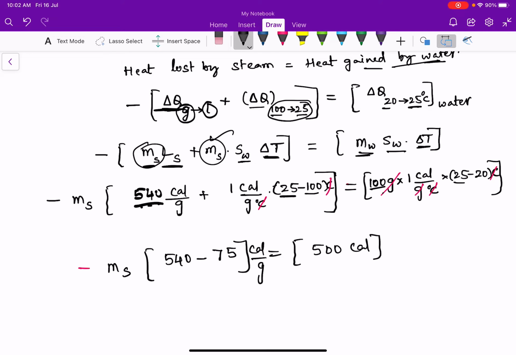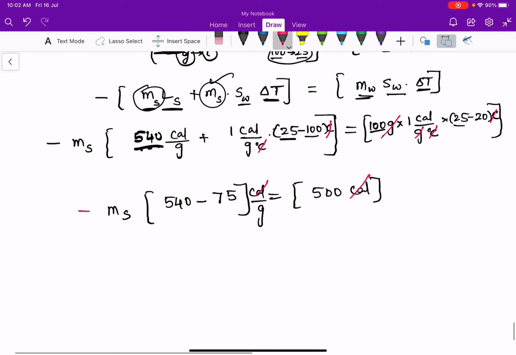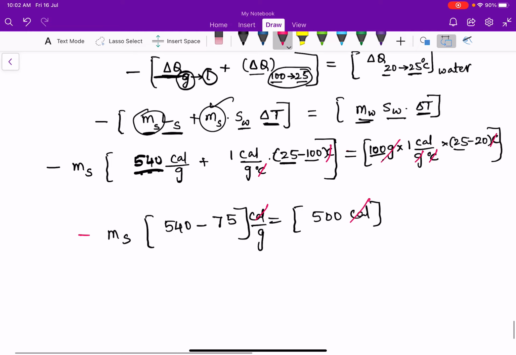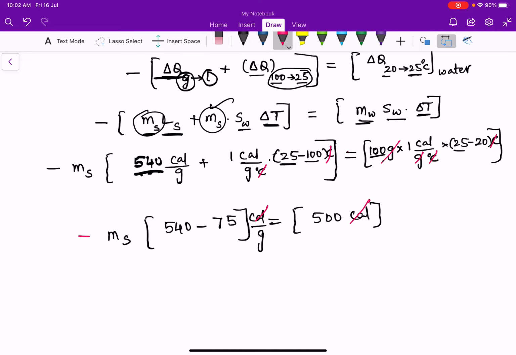Calories per gram is there, so calories and calories cancel. Now, 540 minus 75. Solve this and you will get the answer for m s by using a calculator.